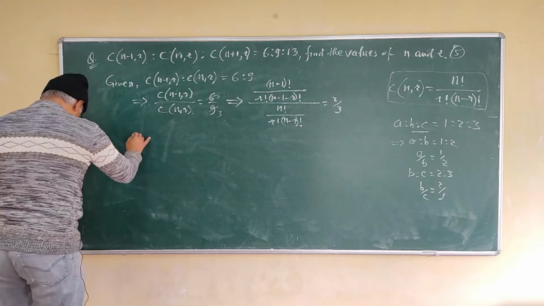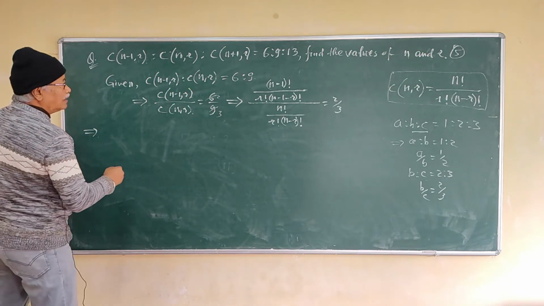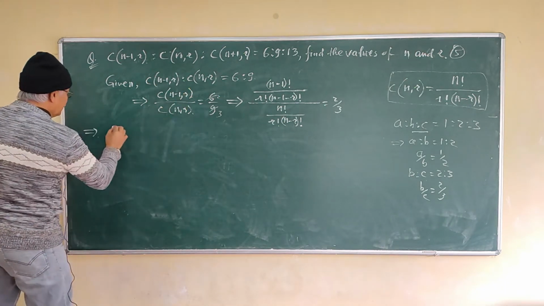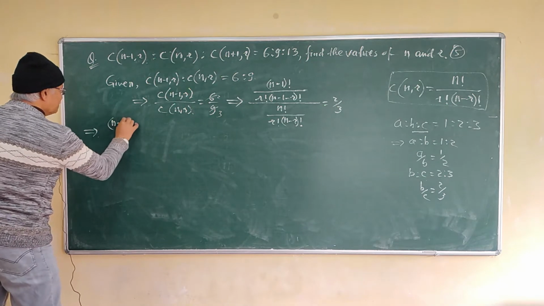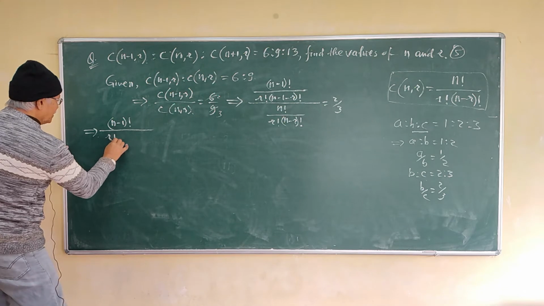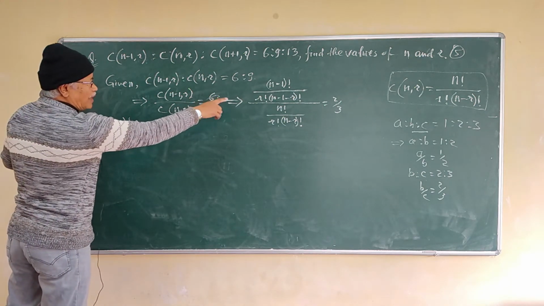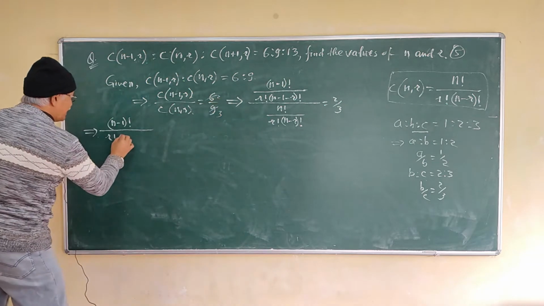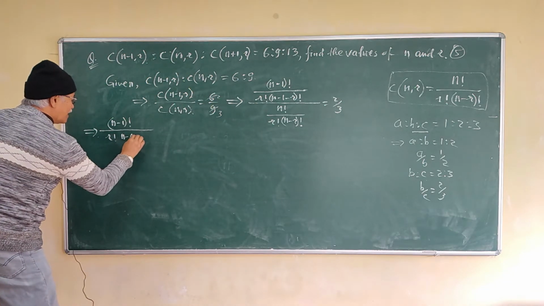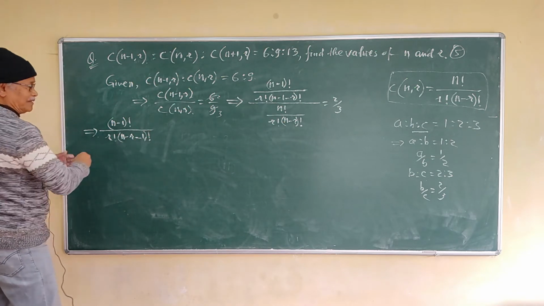let's write it down here. (n minus 1) factorial upon r factorial, then (n minus 1 minus r) factorial, which is (n minus r minus 1) factorial, right?